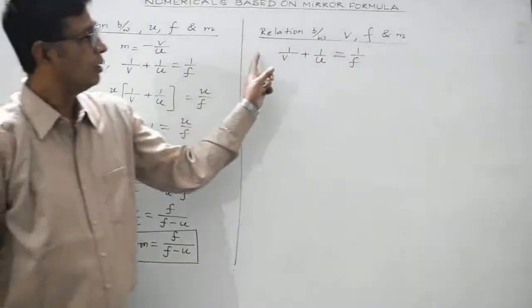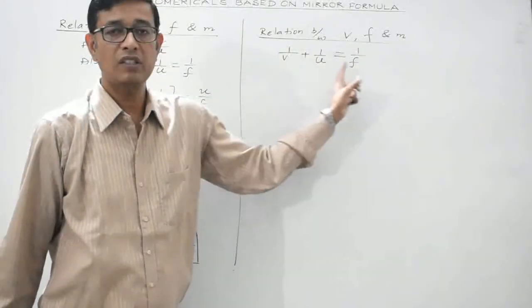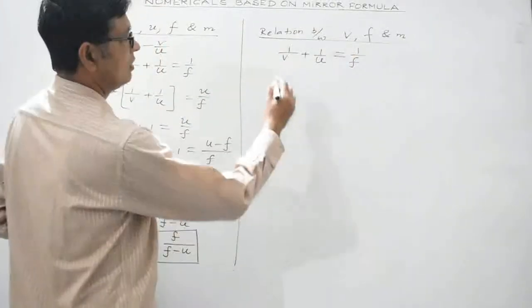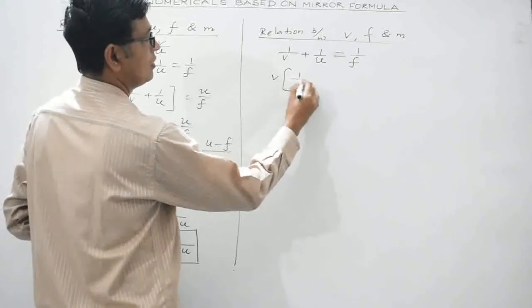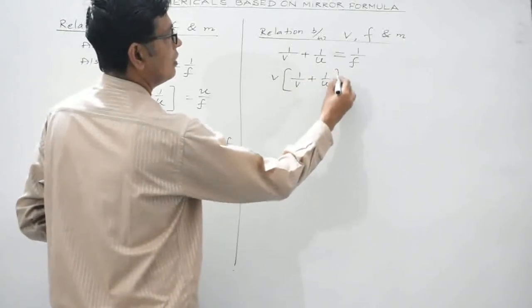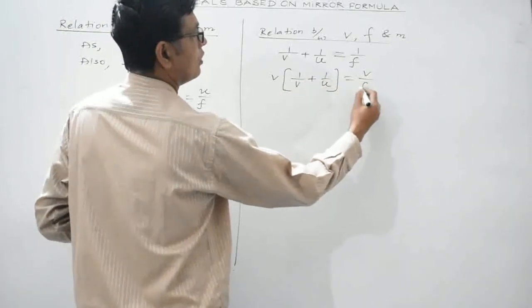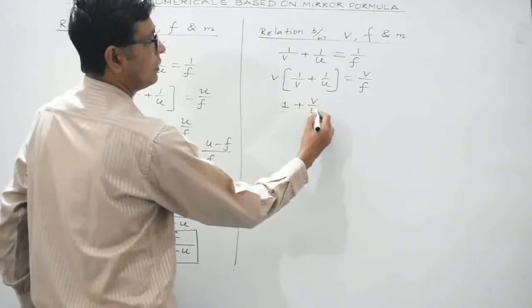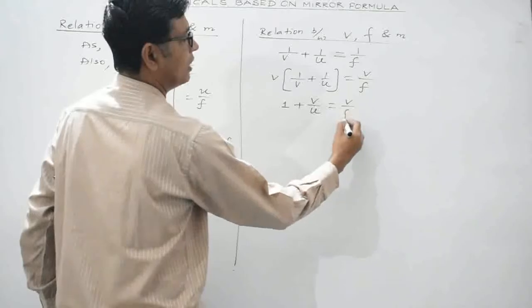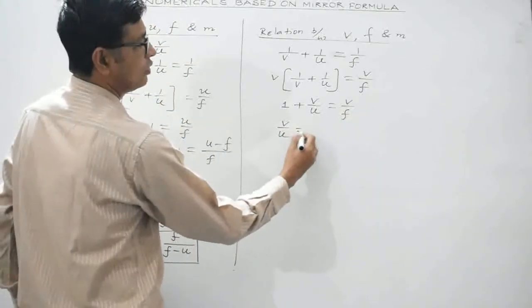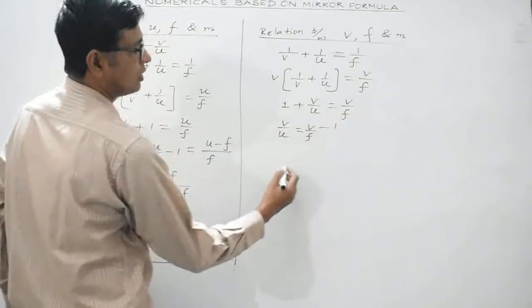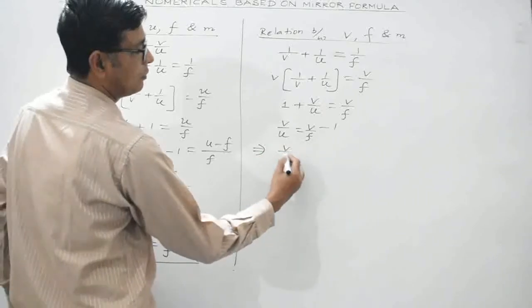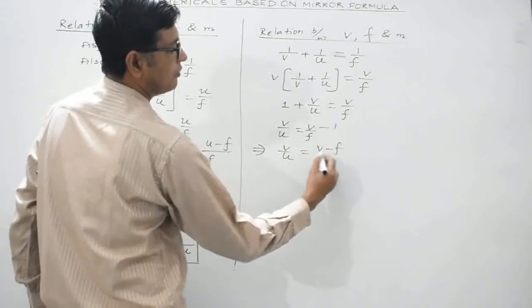Now multiply both sides of this equation throughout by v. Then 1 plus v by u is equal to v by f, or v by u is equal to v by f minus 1, which implies that v by u would be equal to v minus f by f.